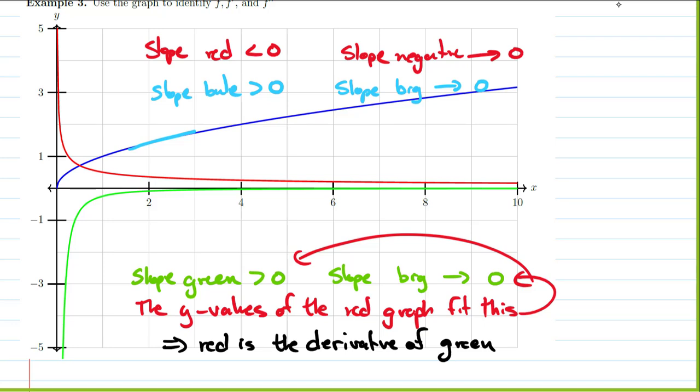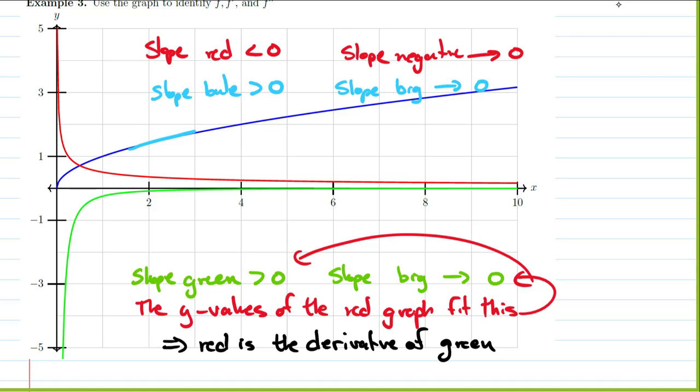Oh, wait a minute. Notice what we have here. So the green and blue have the same profile, right? So what does that tell us? Green had a positive slope and its slope started big and went to 0. Similarly, so does blue.